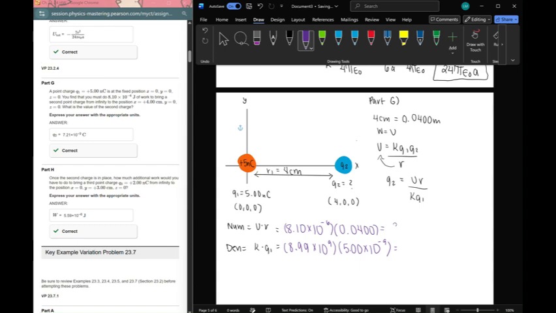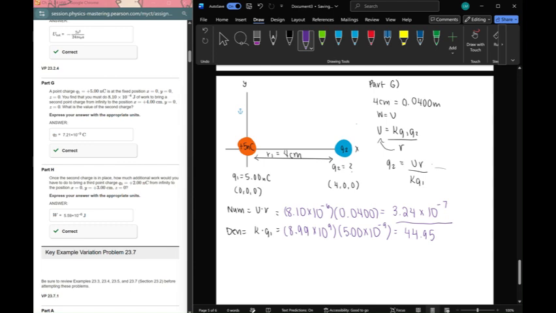And I got 3.24 times 10 to the power of negative 7. And for the second one, the denominator, I got 4.95. Now we're going to divide these based off of this equation, obviously.